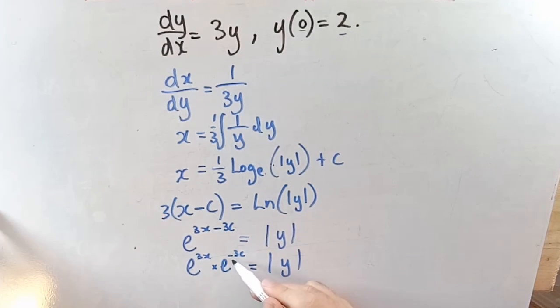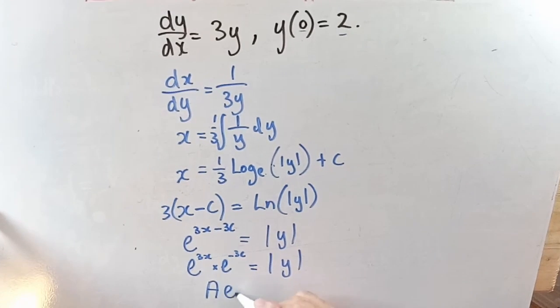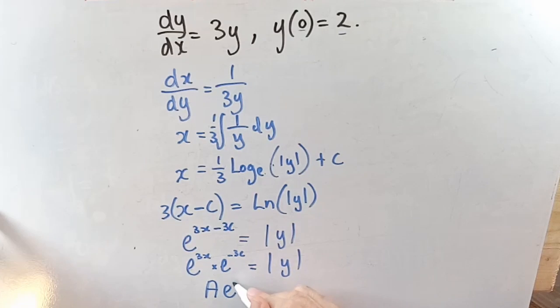Now this e to the power of negative 3c, this is just a constant. So what I can do is rewrite that as a. So this bit becomes e to the 3x, and this bit becomes the a times this.